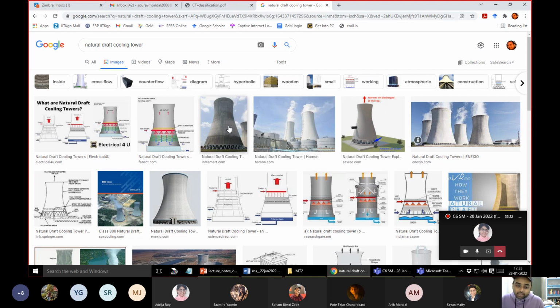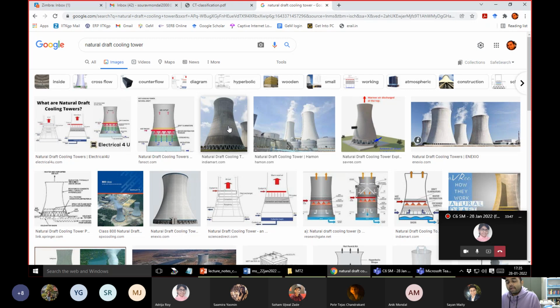But they are easier to design and set up, and this is the reason why they still exist. They are just a straight cylinder like a chimney. But in the natural draft, the base is really wide, and that enhances the natural flow of air through these towers.